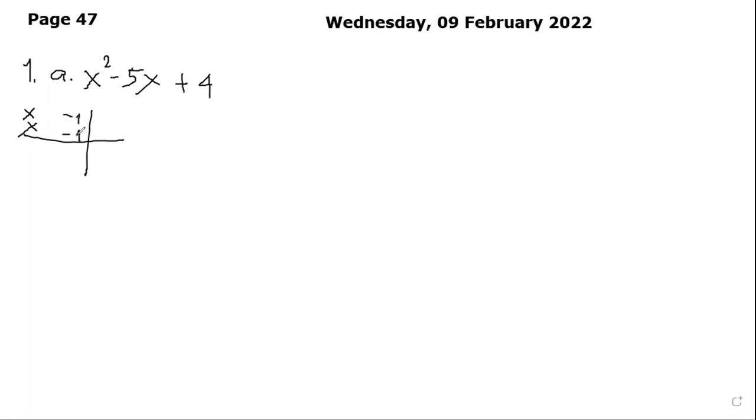Then cross: this is negative x, and this one is negative 4x. So therefore, we get negative 5x.